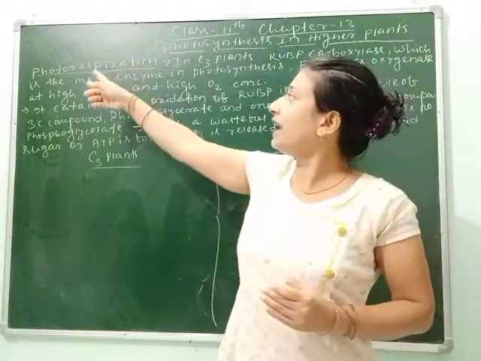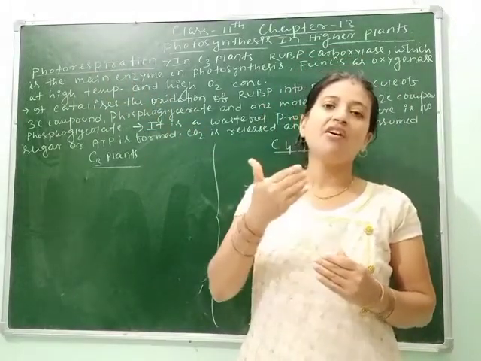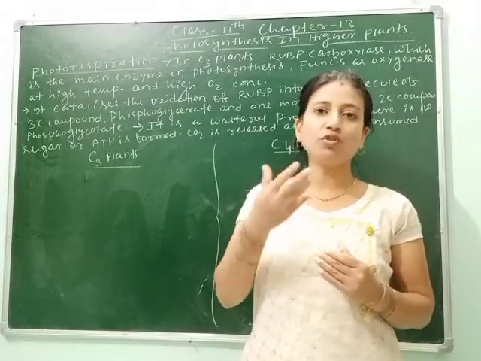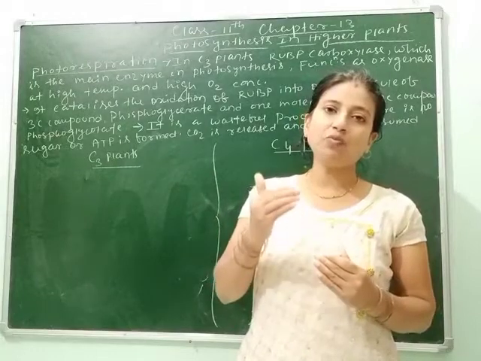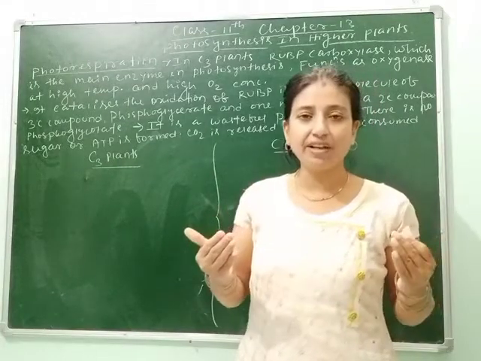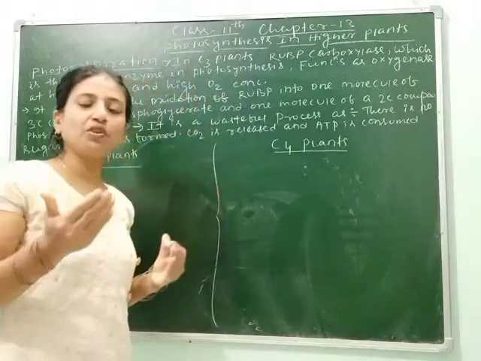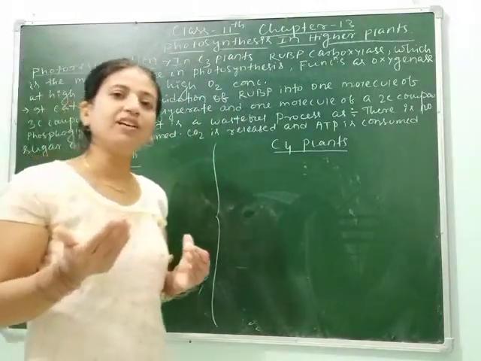And respiration is added to photo, meaning it happens during photosynthesis, when green plants respire. But here we will study photorespiration in a different way. So let's understand how photorespiration is a harmful process for many plants.